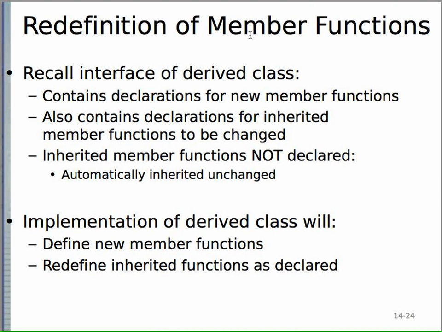In Java, we talk about subclasses overriding some functions from the superclass. Here, we use slightly different terminology, just because in Java there was only one kind of method. All methods were virtual, and we'll get into more details about virtual functions in the next chapter.